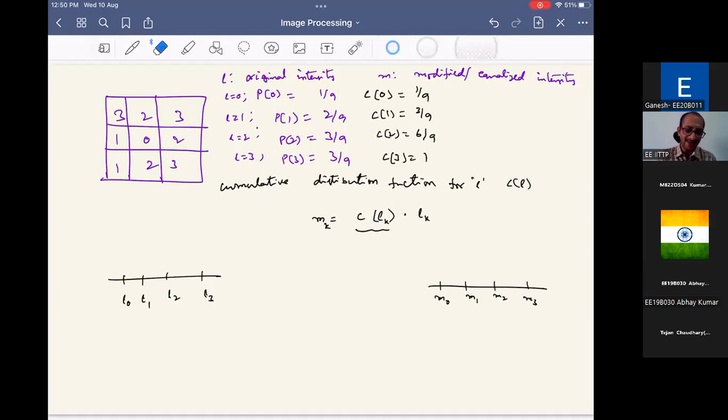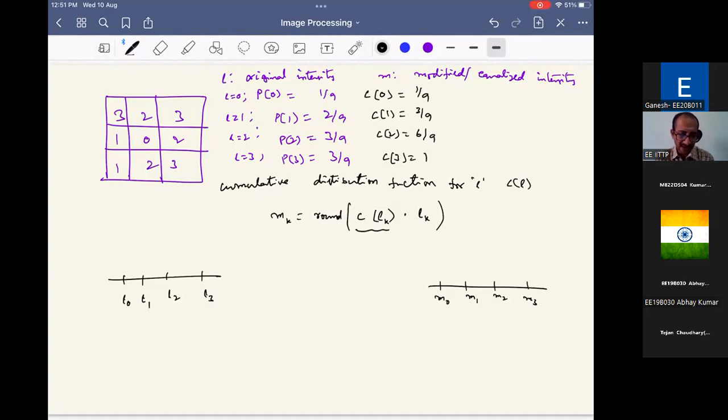But usually the intensity values are only discrete, as you know, because pixel intensities we usually represent with integers. So we need to apply a rounding operation or some operation to bring them to integers. So this expression enables us to get the intensity transformation.